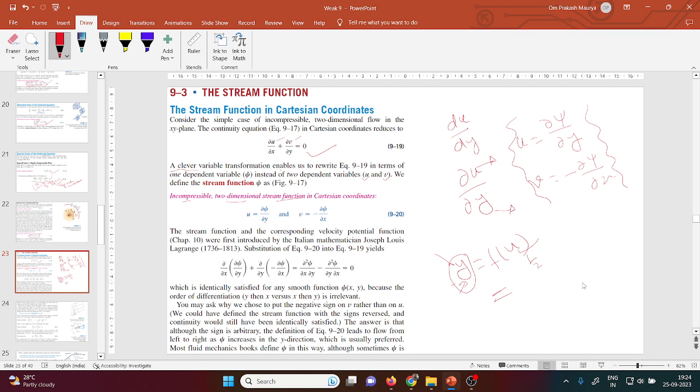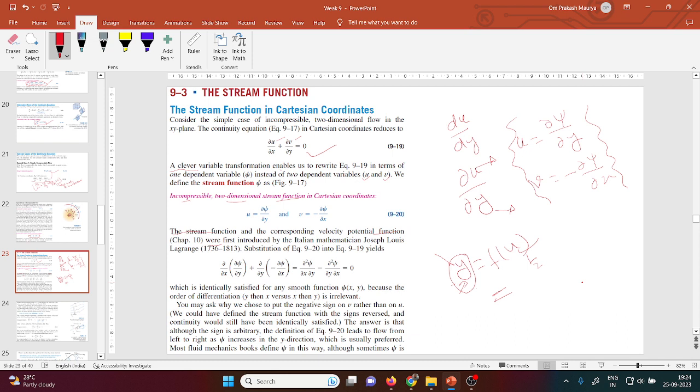So the stream function equation is that u is equal to this and v is equal to this. The stream function and the corresponding velocity potential function we'll discuss in chapter 10, where it was first introduced by the Italian mathematician Lagrange.